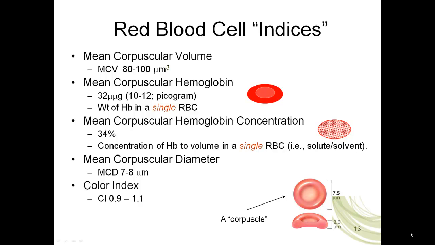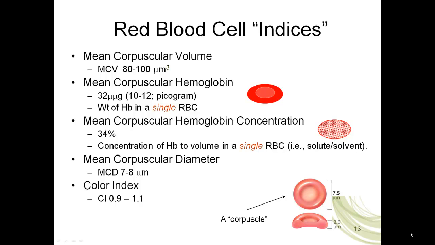Mean corpuscular hemoglobin concentration. This is the overall percentage of hemoglobin in a single red blood cell compared to its volume. So, for example, if I were to take the 32 picograms and divide it by 100, which is the volume of the red blood cell, I would get roughly 32%, right?